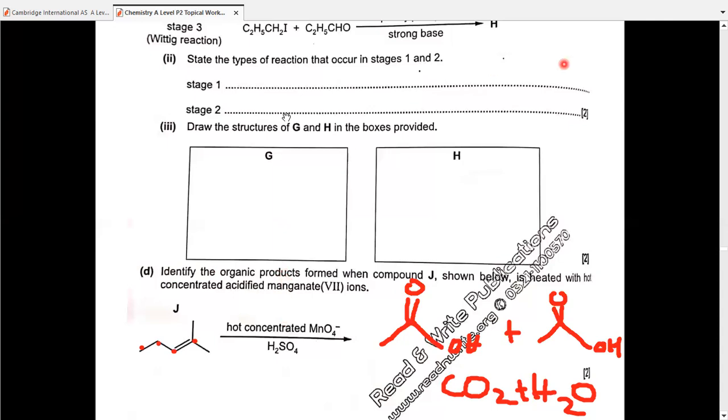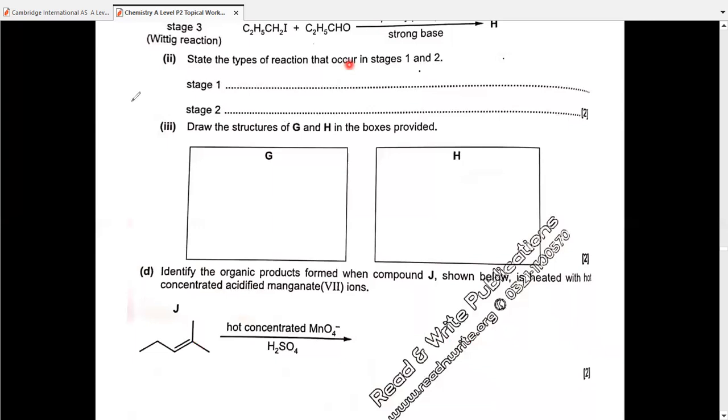Now remember the rules. If the doubly bonded carbon atom has both hydrogens, it gave us carbon dioxide. If the carbon had one H and one R, it was first converted into an aldehyde, RCHO, and later converted into a carboxylic acid, RCOOH.